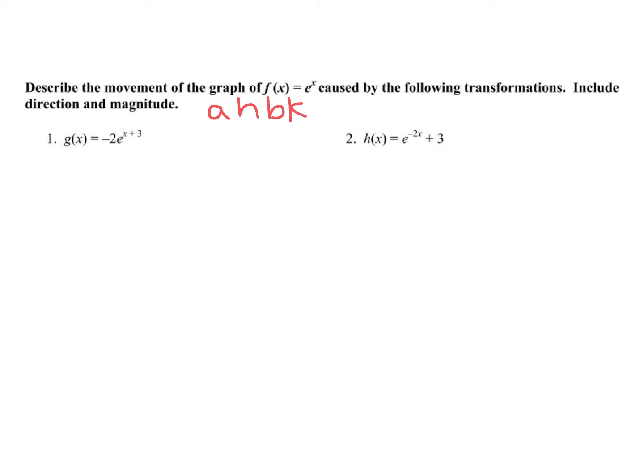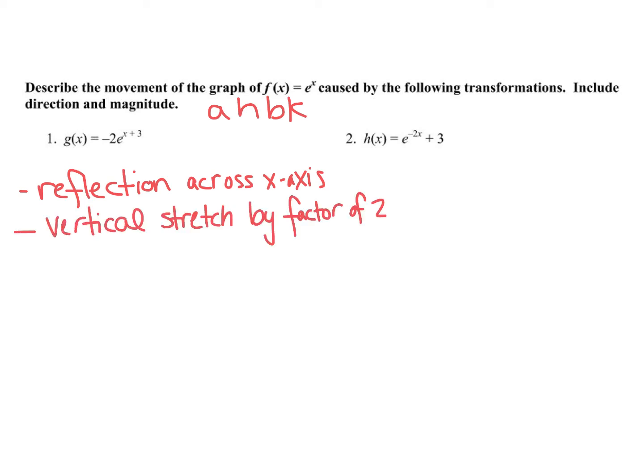I have an a value and it's negative, so I'm going to begin by saying there is a reflection across the x-axis. And then since the absolute value of my a value is larger than 1, there is a vertical stretch by a factor of 2. So these two are my a. I look for an h value, and I do.